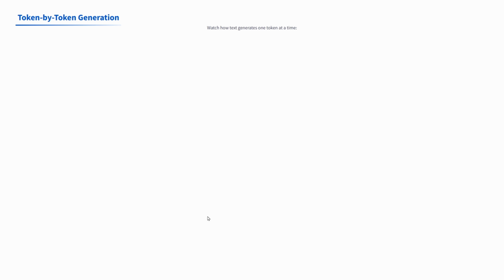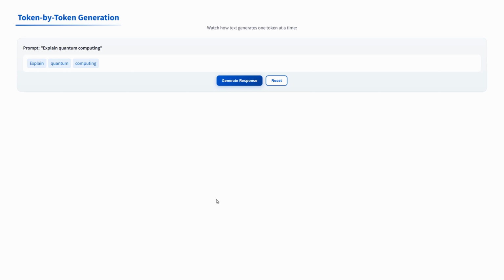Let's actually watch text generate. Look at the demo screen. The blue tokens are your prompt: explain quantum computing. Now I hit generate response and watch what happens. See how each green token appears one at a time? The model generates quantum, adds it to the context, generates computing, adds that, generates uses, and so on.